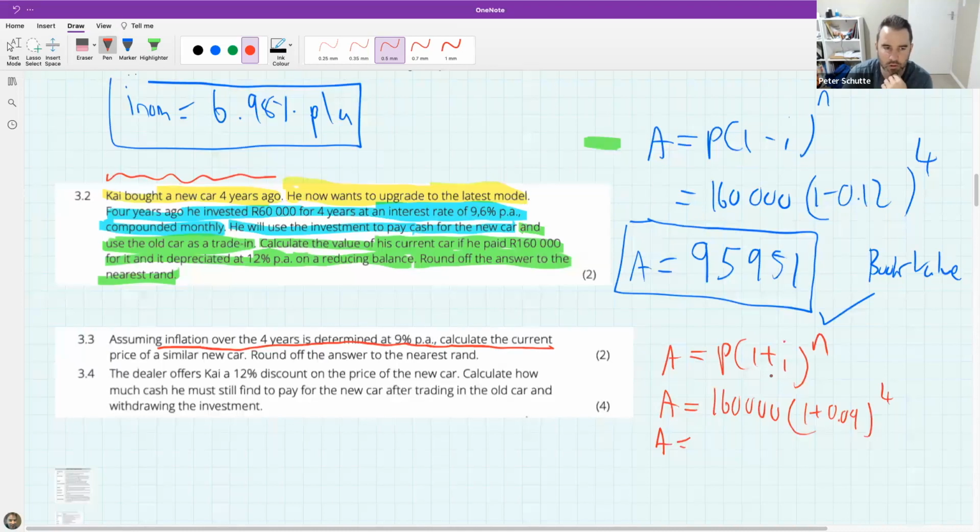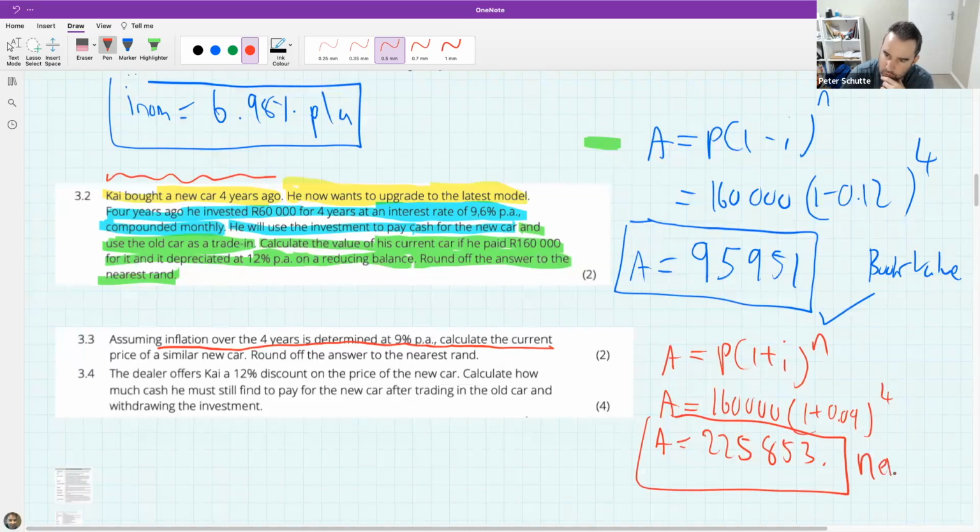And so that's why we're using the growth increase formula. There's a plus in there. And you should get 225,853.06, but then we just round it off to 225,853. Okay, so this is the cost of the new car.